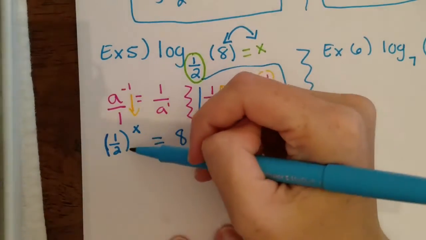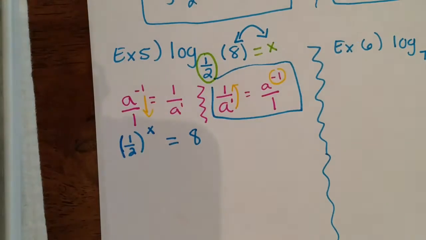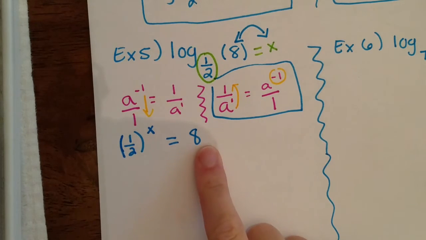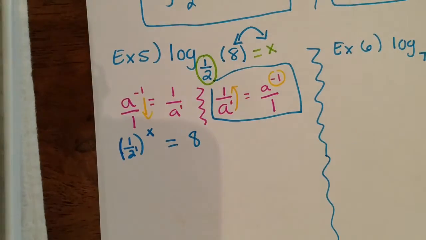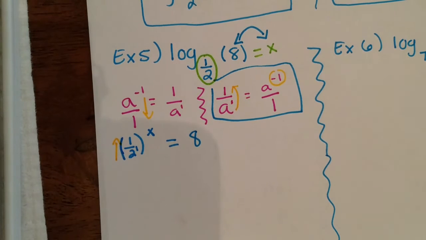Currently, the 2 and 8 do have something in common. 2 does go into 2 and 8. So if this was a 2 instead of a 1/2, I could maybe work through the problem. So I'm going to make that 2, this is secretly 2 to the first right here. I'm going to move that 2 to the first to the top, so it will not be a fraction anymore.